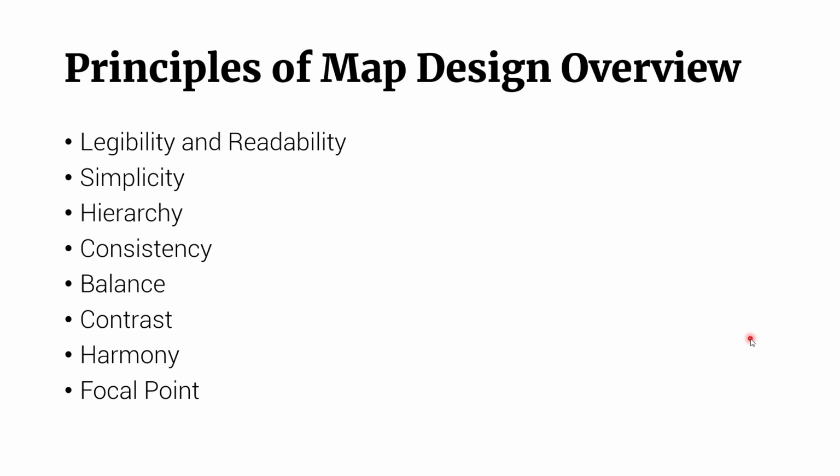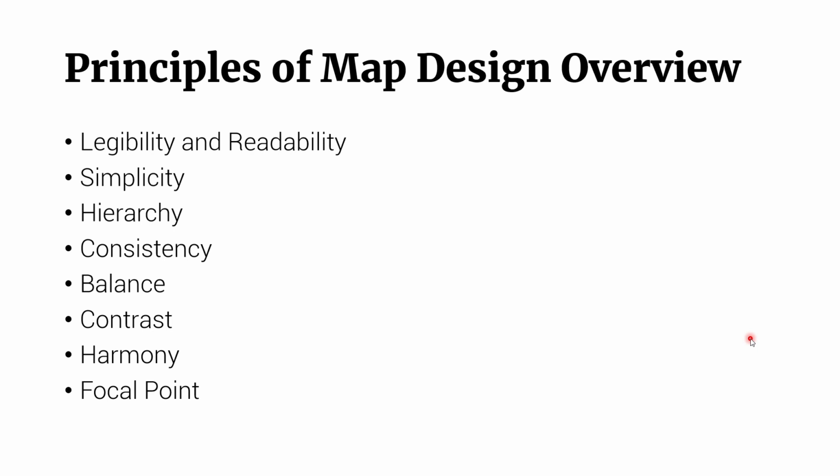Sa DPWH kasi, they have classified the roads into the national road, next one is provincial road, and then city road, and then barangay road. So yung hierarchy na tinatawag is i-indicate mo yung importance and relationship nila.